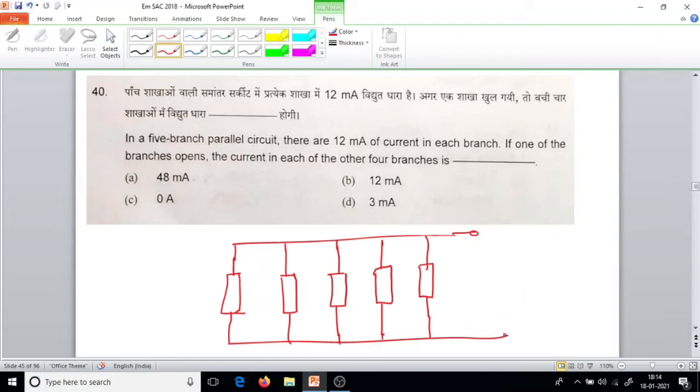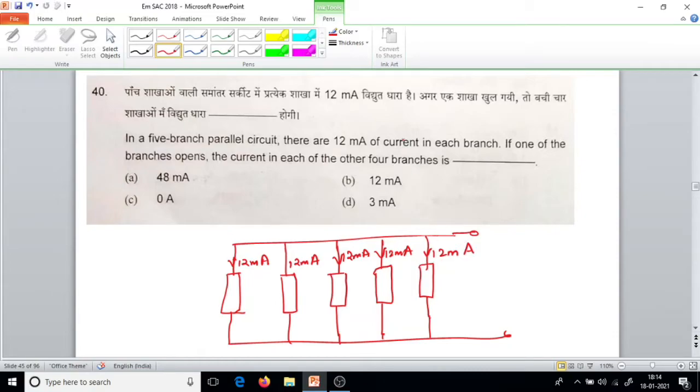Now each branch is taking 12 milliamps of current. In all branches, 12 milliamps of current is flowing. Now the question is, if one of the branches opens, the current in each of the other four branches is.